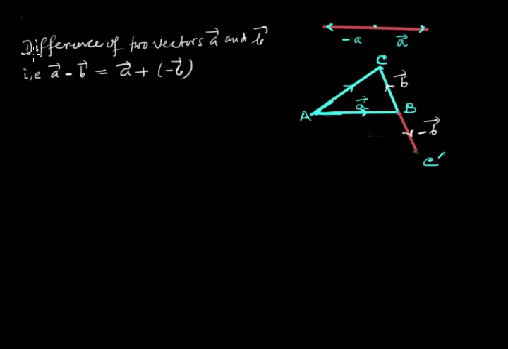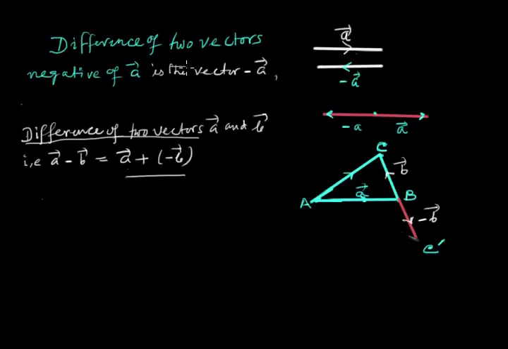Now we define the difference of two vectors. The difference of two vectors A minus B you can define as the addition of two vectors A and minus B. Before we start, what is the meaning of the negative of a vector A? The negative of the vector A is the vector denoted by minus A. Only here the magnitude is the same, but the direction is opposite.